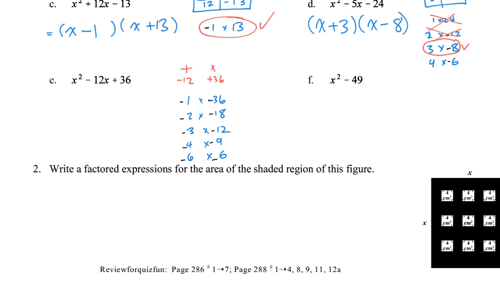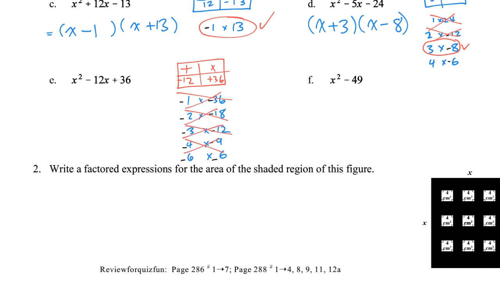And now all we have to do is go through all the possibilities. So now, all those numbers multiply to 36, yeah? Positive 36. So now all we have to do is just add the numbers. -1 plus -36 doesn't work. This one doesn't work. This one doesn't work.